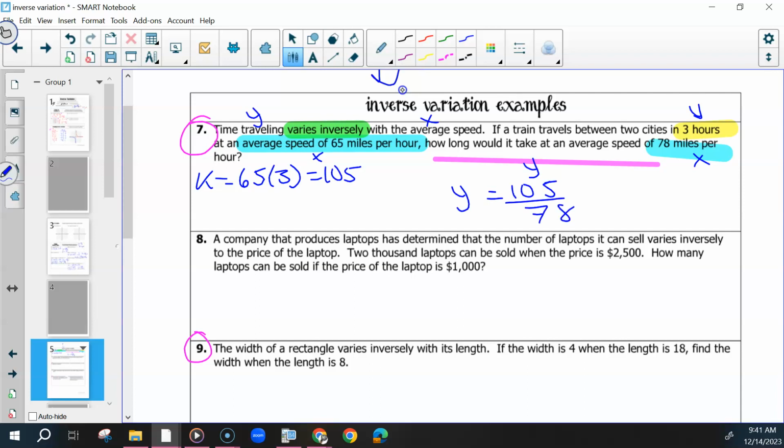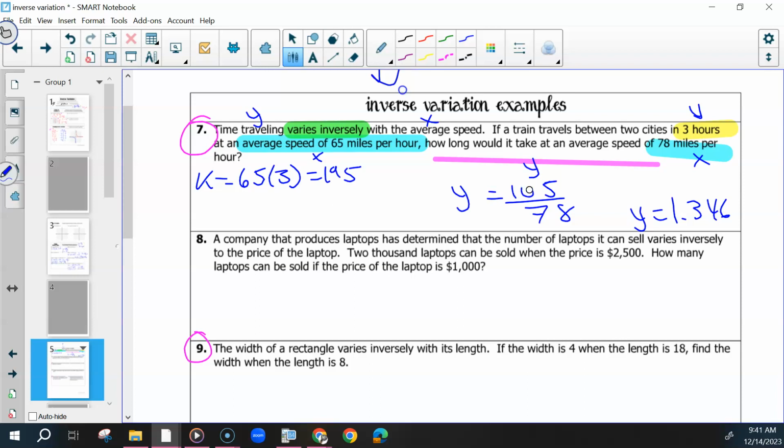Maybe some decimal, but that's fine. 1.346. Is that what we all got?